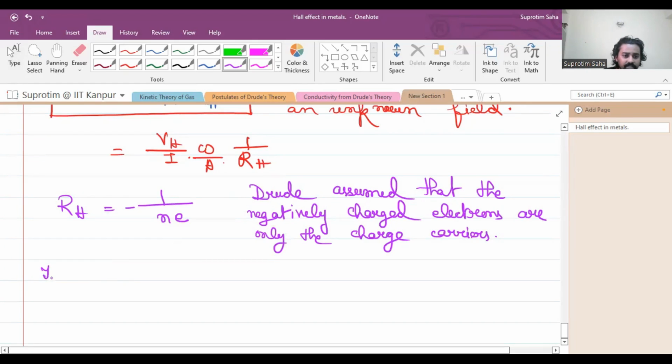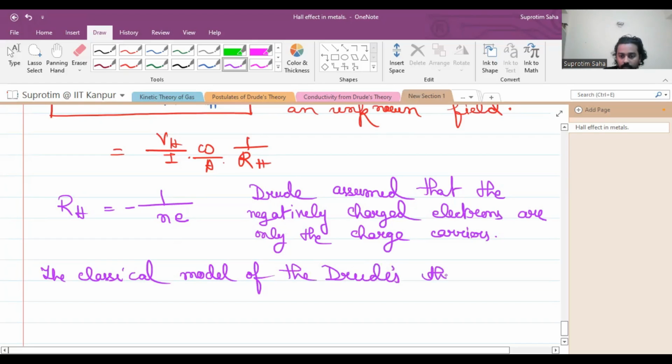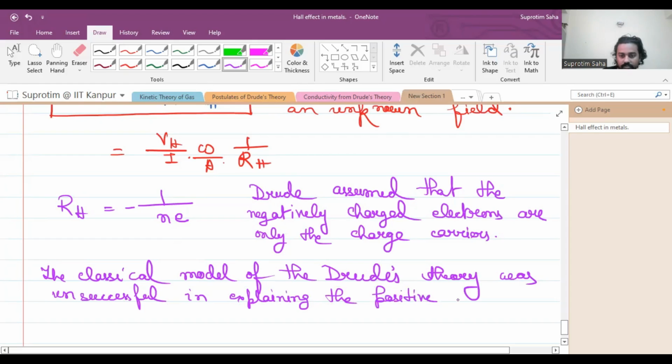So the classical model of Drude's theory was unsuccessful in explaining positive charge.